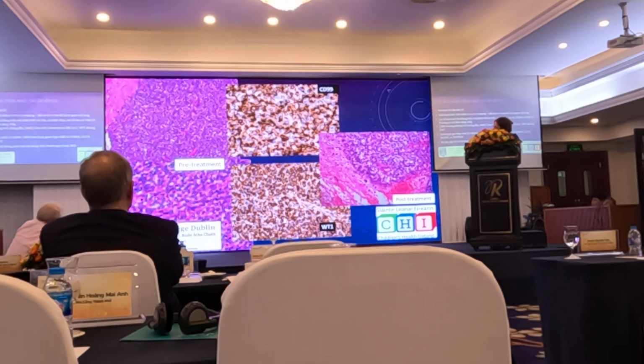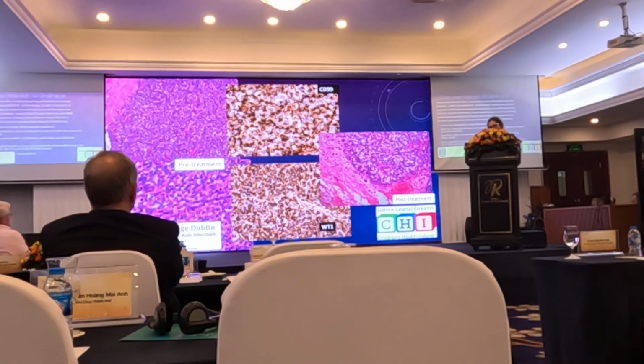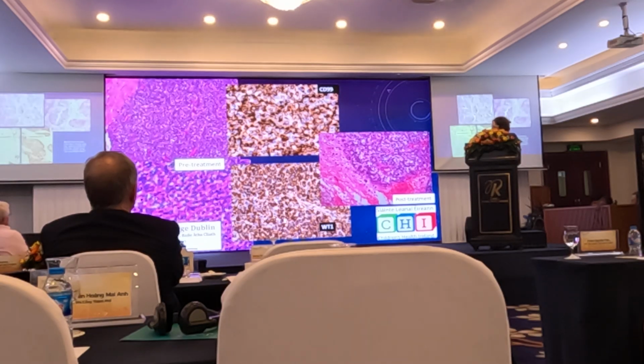So a round cell sarcoma, a bit more variable in the nuclei than you would see, and some of them you can see are lobulated, some of them have nucleoli. So these are already clues that this is not a classic Ewing sarcoma. CD99 shows a very strange pattern, a lot of cytoplasmic staining. It's not just that crisp chicken wire pattern that I showed you earlier, and not all cells are staining.